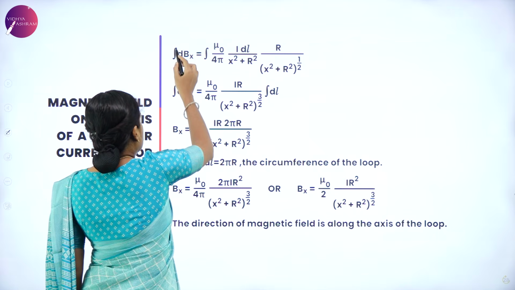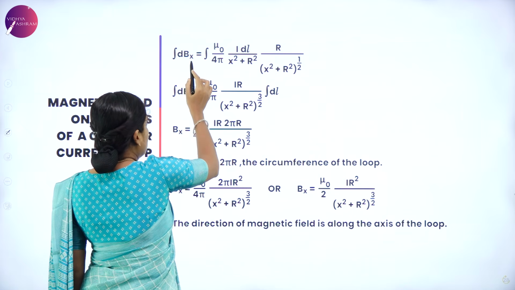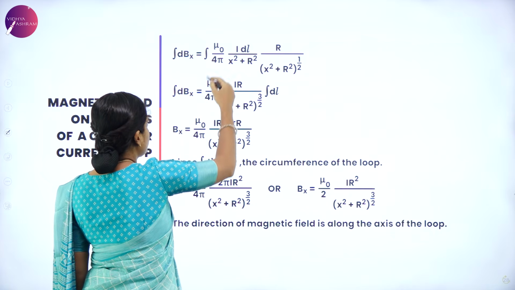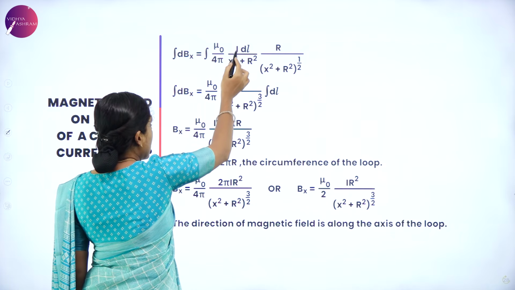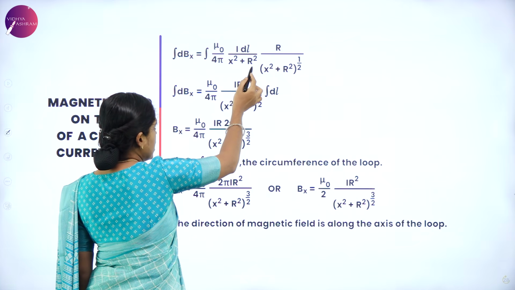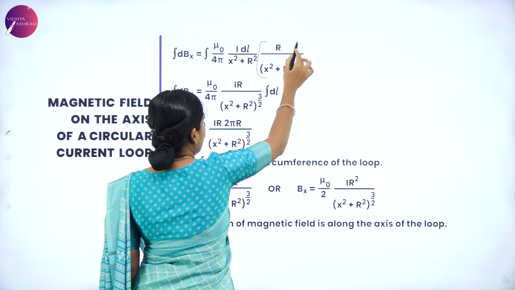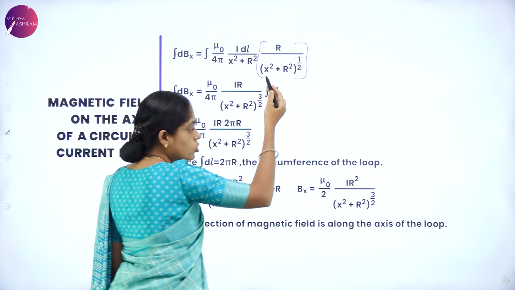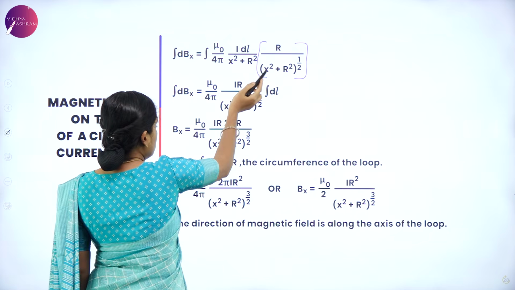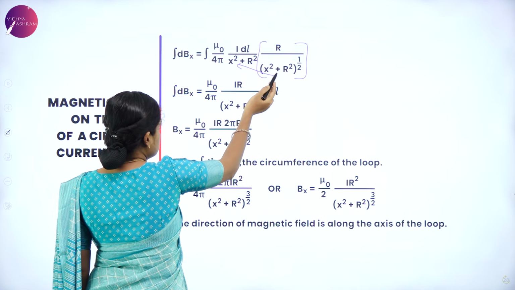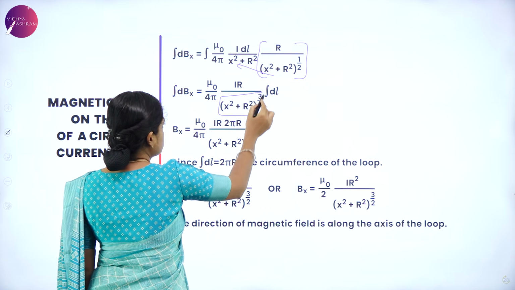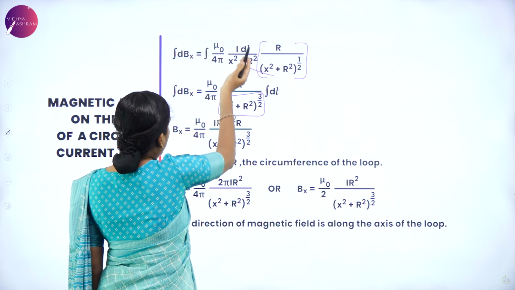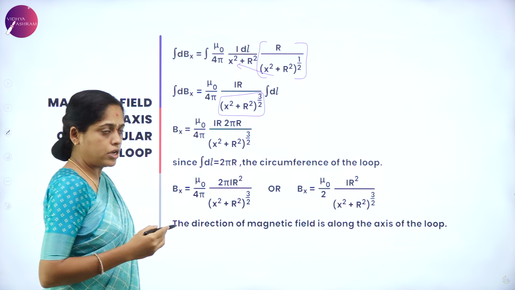Then, the magnetic field along the x-axis is equal to the integration of mu naught by 4 pi, I dl by x square plus r square. In the place of cos alpha, we have r by (x square plus r square) whole to the power of 1 by 2. Now, multiply this, then the power for the x square plus r square is 3 by 2, and take all the constants out of the integration.